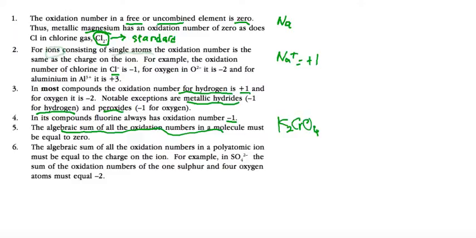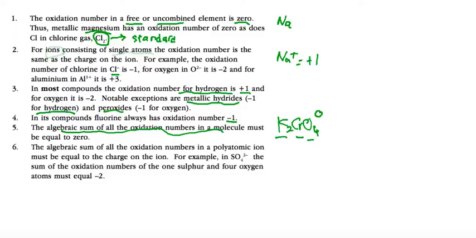Now, this is obviously a molecule, a polyatom. There are many atoms in here, but the overall charge is 0 because nothing is given. Therefore, the total of all the oxidation numbers, the total of 2 potassium, 1 chromium, and 4 oxygen, should sum up to 0. That's what this means.